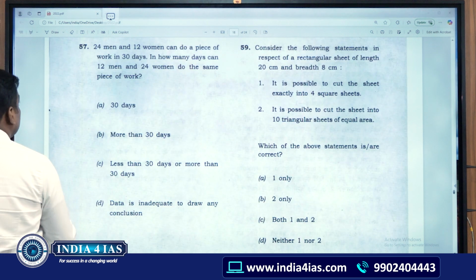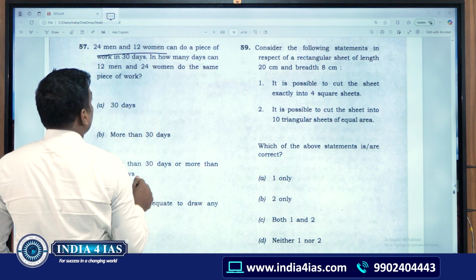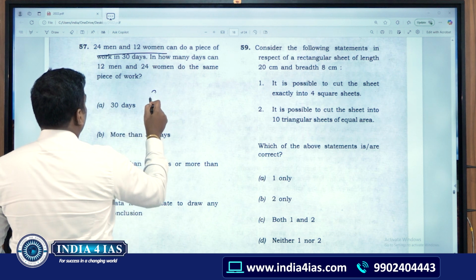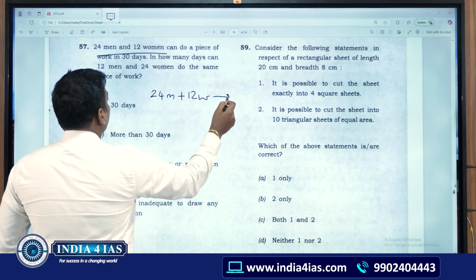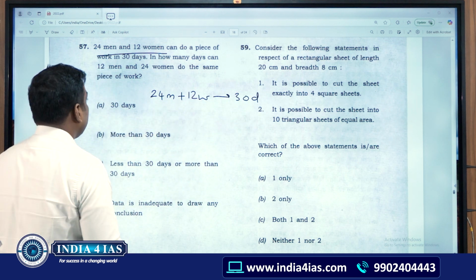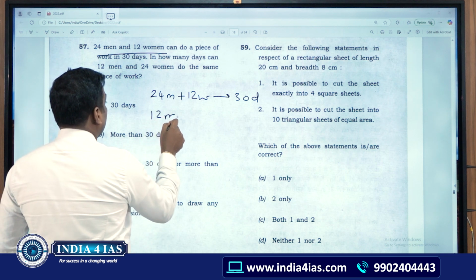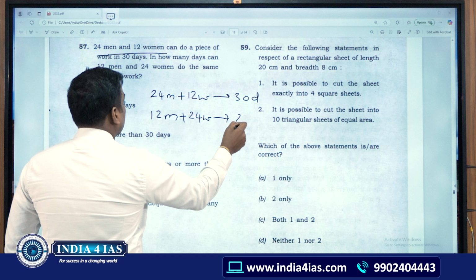Next, 24 men and 12 women can do a piece of work in 30 days. In how many days can 12 men and 24 women finish the work?